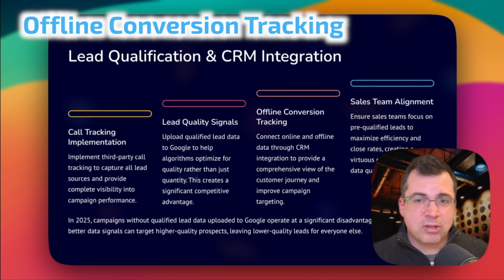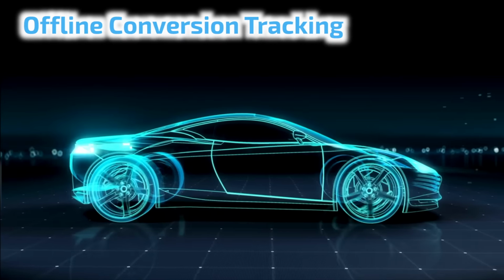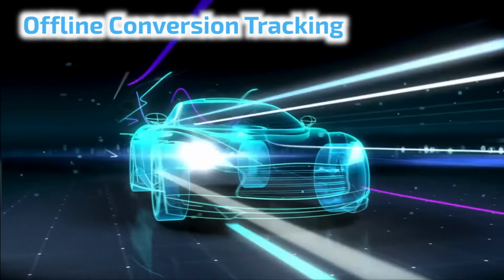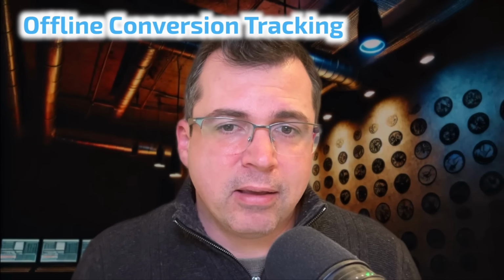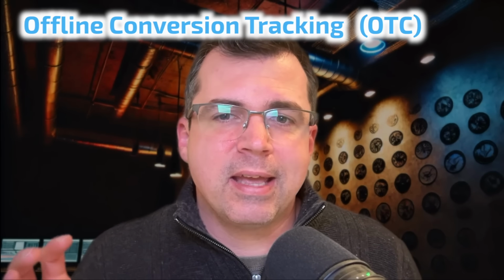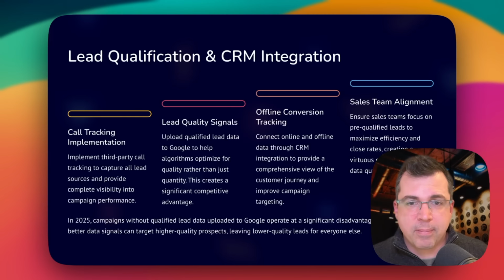CRM integration is crucial for connecting online and offline data, providing a comprehensive view of your customer journey. This method, also called offline conversion tracking or OCT, essentially requires you to send lead quality information back to Google. This helps the system learn which leads are valuable and improve the efficiency of your campaigns.